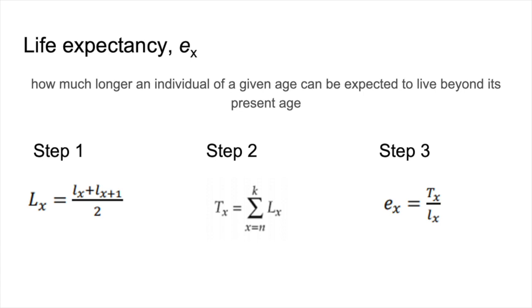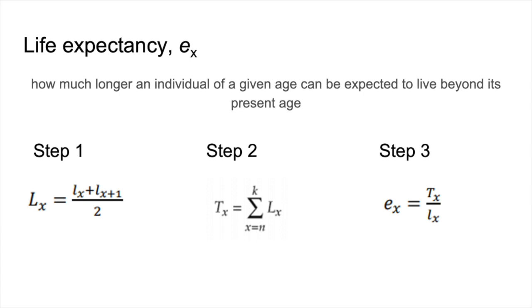Now, capital Lx is the midpoint of survival of each time interval. It is computed by averaging the survivorship of 2 years and dividing it by 2.